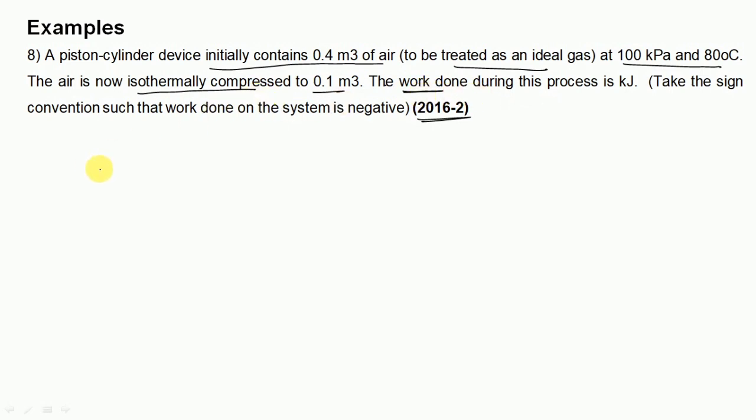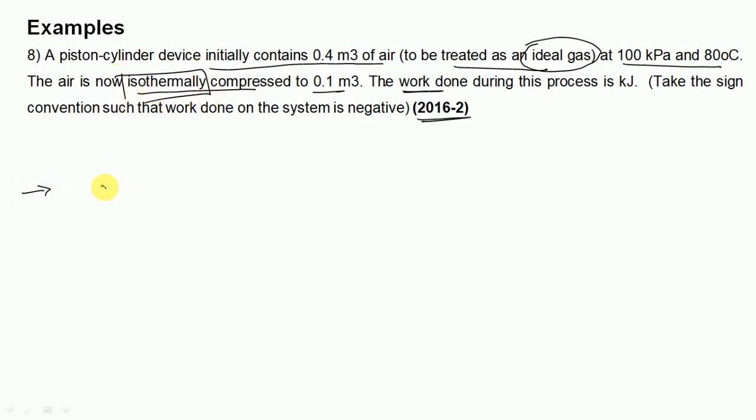This is a very simple example. Here the piston and cylinder and ideal gas are given, so we can directly use the ideal gas equation, and we know the process is isothermal.